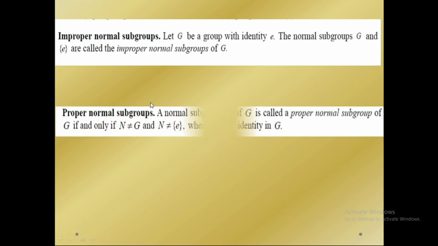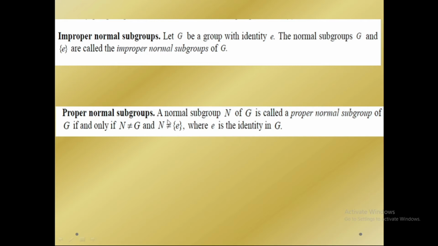That means a normal subgroup N of G is called a proper normal subgroup of G if and only if N is not equal to G and N is not equal to the singleton identity.